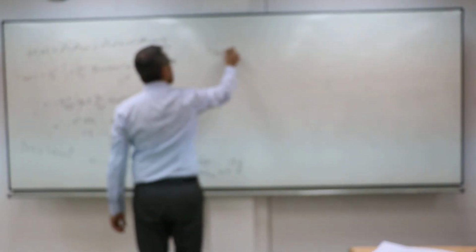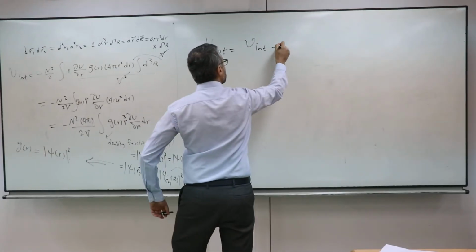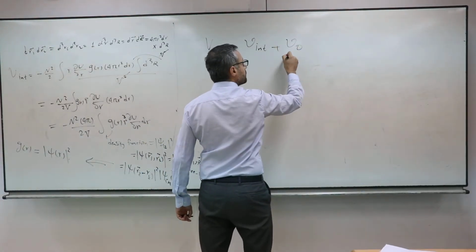Total virial will be the virial of interaction plus the virial when there is no interaction.